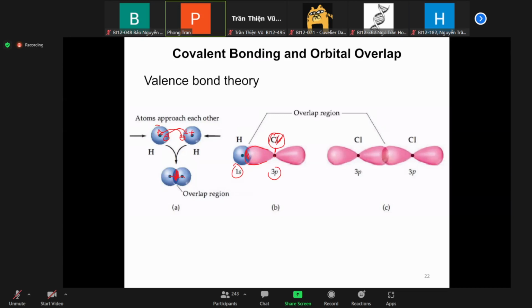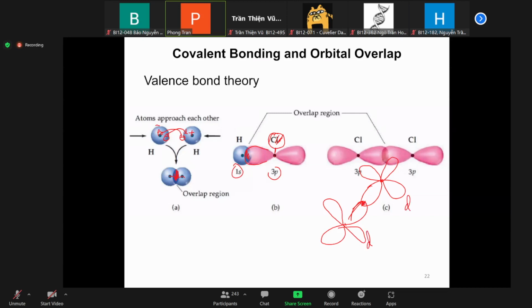It's the same for the orbital d if you want. So you have orbital d like this one, and you can have orbital d like this. So you can also have the overlap between d and d.